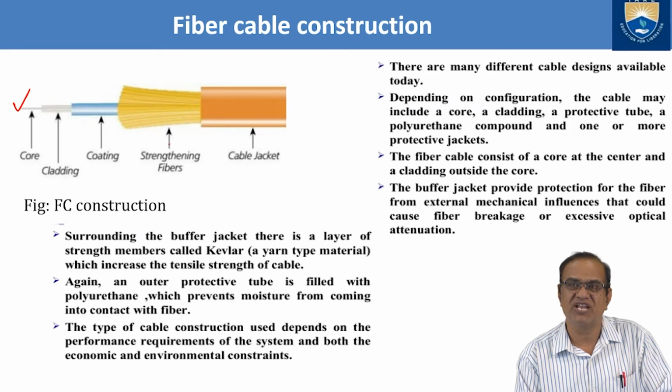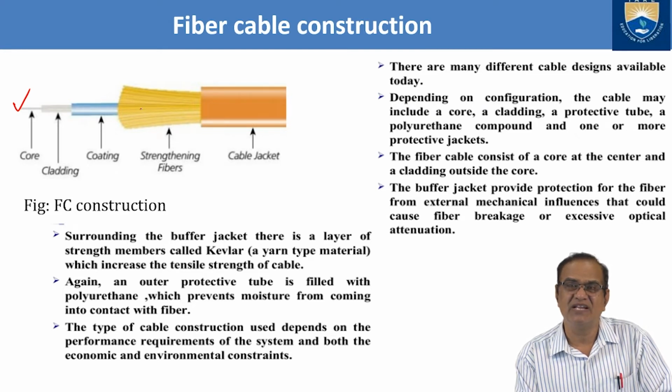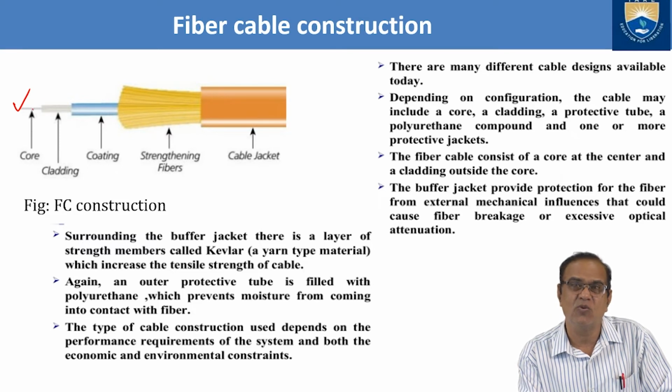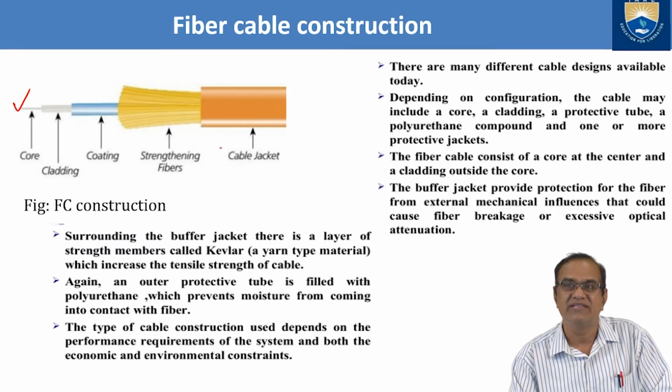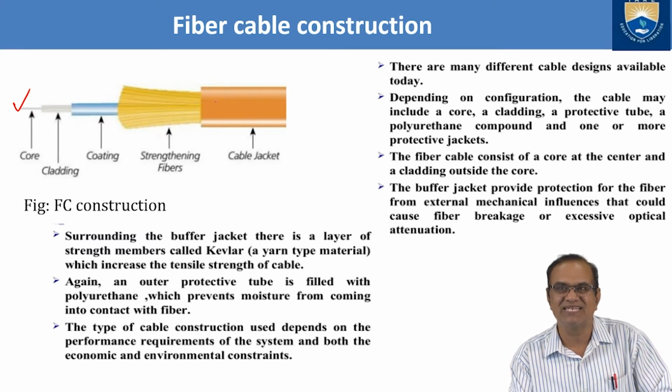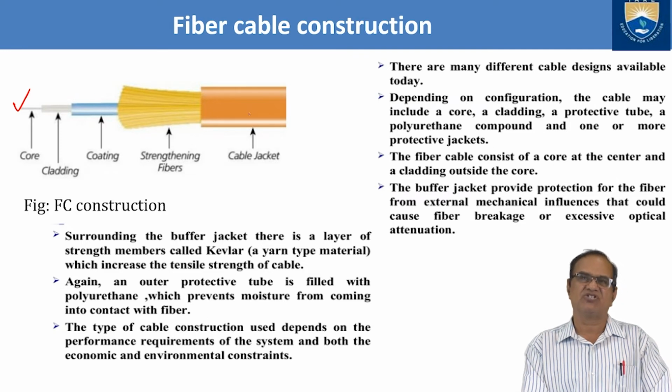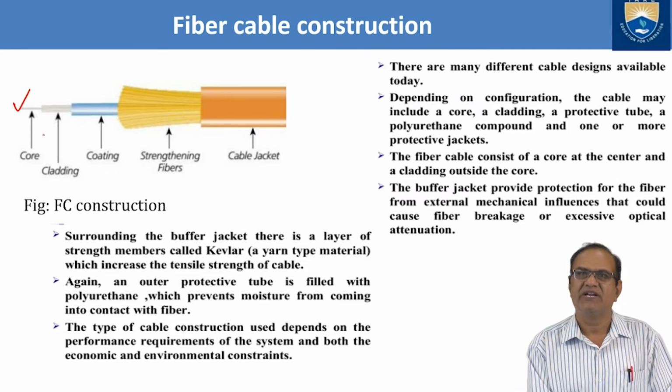After that we have the strengthening fibers. These are not for communicating; they are used to strengthen it so that the wire is not damaged. Then we have the cable jacket, a plastic cover on top. On our roads, you will see they are often reddish or orange in color. So that is the construction.